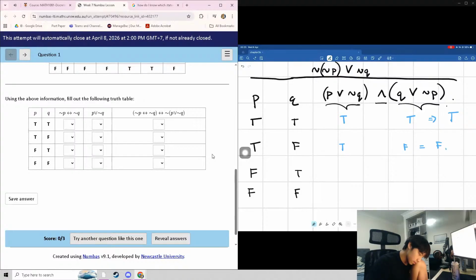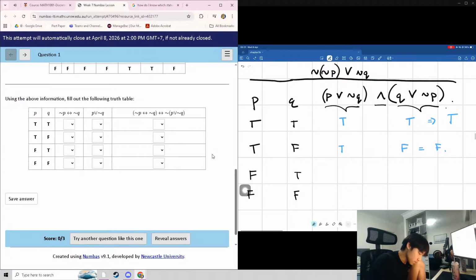And so this is false. If P is true and Q is false, let's think about this. This part is true. Is not P true? No, P is true, so not P is false. Is Q true? No, Q is false.